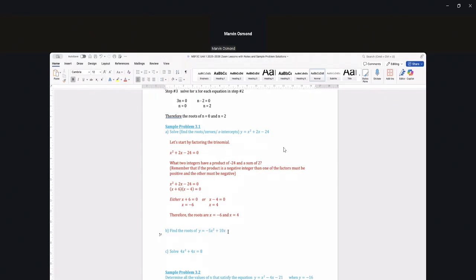This is not a trinomial, so we can't solve it the way we did in part A. It's a binomial, but we can common factor. So let's start by common factoring.